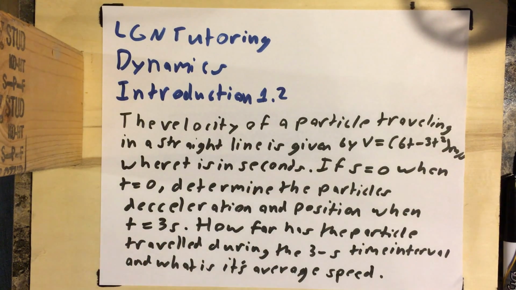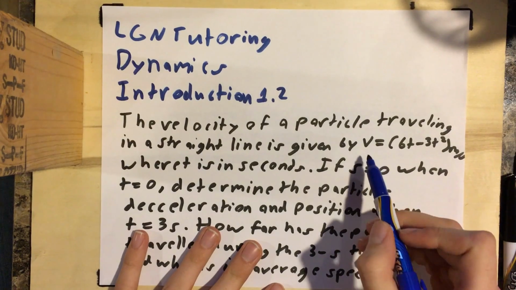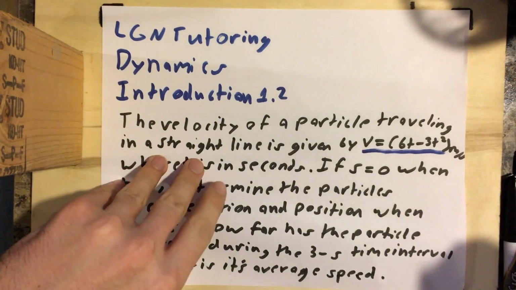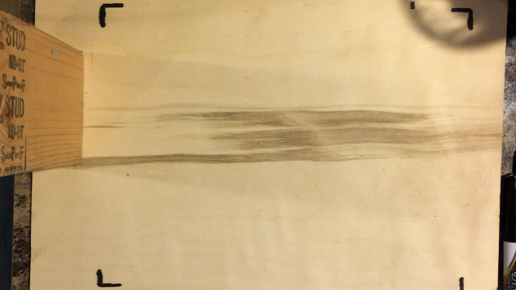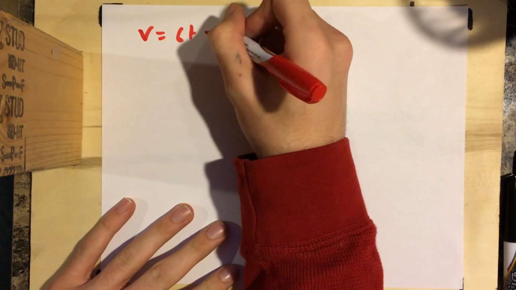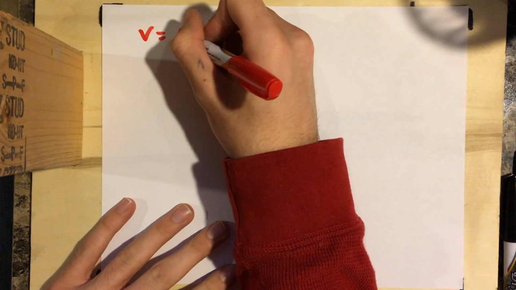Alright, so again, one of the important bits of information we got is that right there. That's going to actually help us start this problem. So, here we go. We have that v is equal to 6t minus 3t squared.